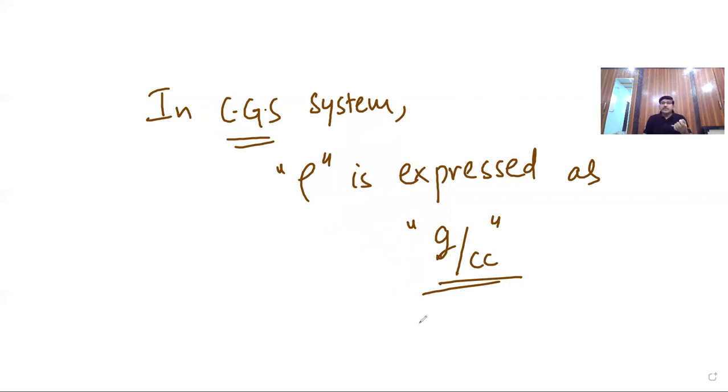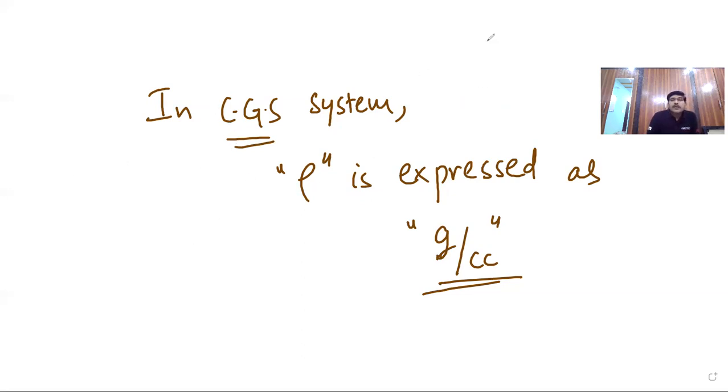Smaller quantities we need to take up in the chemistry laboratory because chemical reactions involve very little quantity of chemicals. So that's why density is also very less. So gram per cc is what we generally adopt.